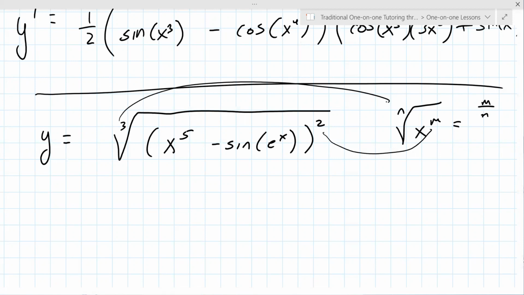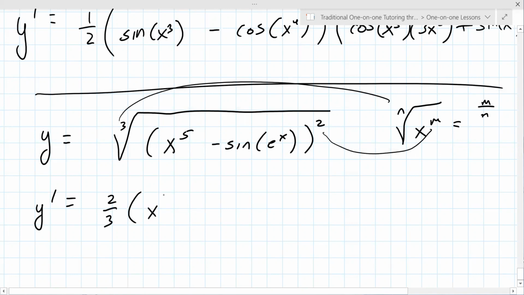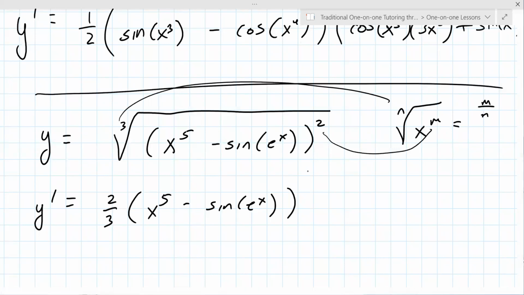equals 2 over 3. Okay. Parentheses, keep the same thing. Okay, what goes here when you subtract 1? Yeah, 2 over 3 minus 3 over 3 is negative 1 over 3. Okay, now you have to take the derivative of x to the fifth.